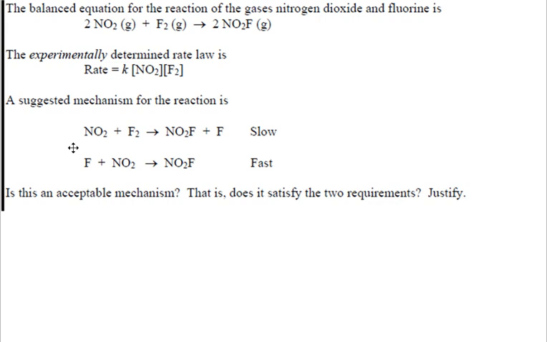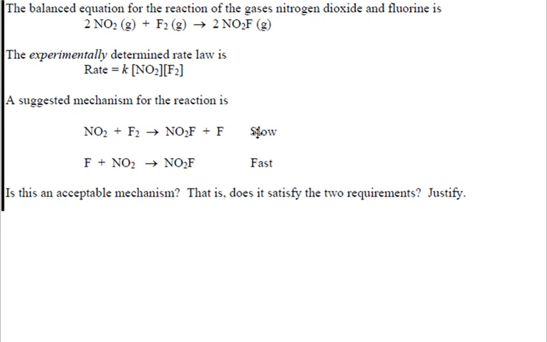So, first off, we're told that in this first step, we've got a nitrogen dioxide and it slams into a fluorine and produces that big thing and fluorine. That fluorine then goes on to slam into another nitrogen dioxide to produce more of whatever that other thing is.